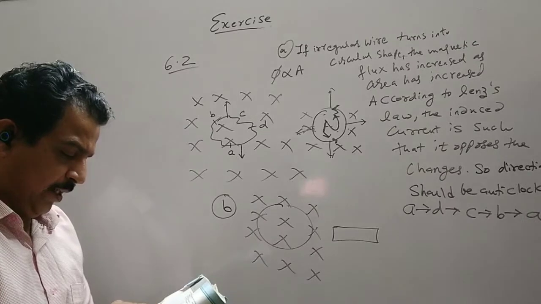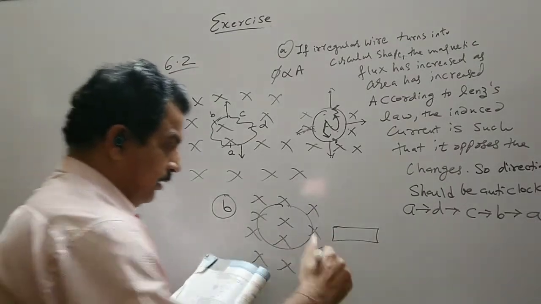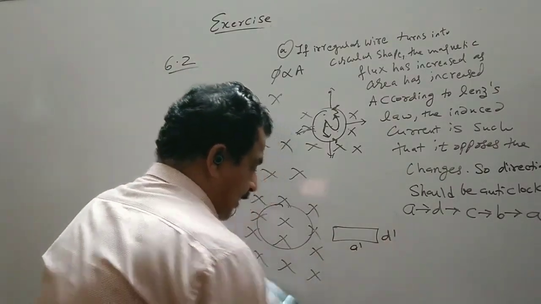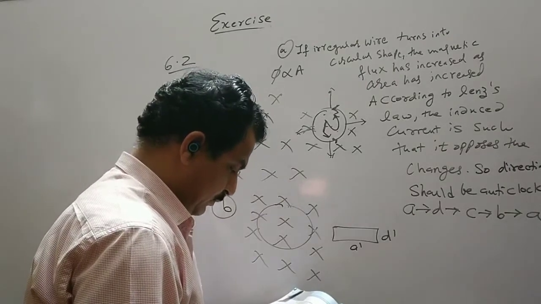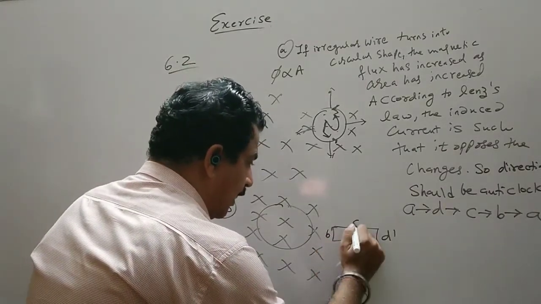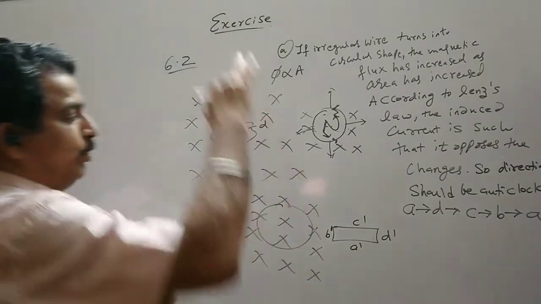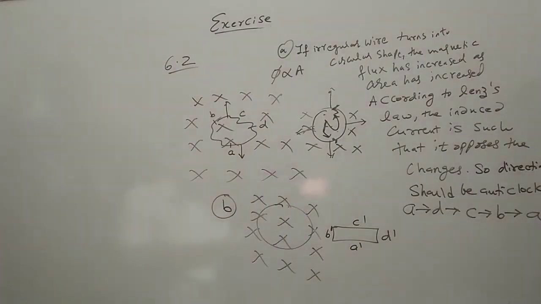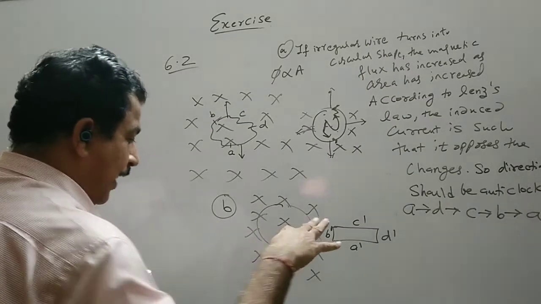They have given the labeling for point A dash, D dash, B dash and C dash. Now the flux is decreasing, so your field lines should not decrease. It means the induced current should be in such a way that more field lines should enter it.